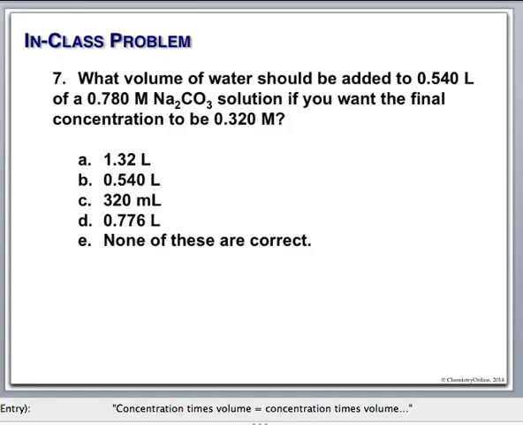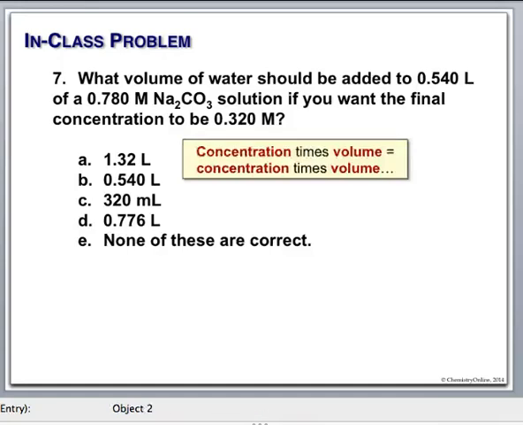So we said what we do in a case like this is we're going to do concentration times volume for our initial and concentration times volume for our final. Because moles doesn't change, the initial moles and the final moles must be the same.